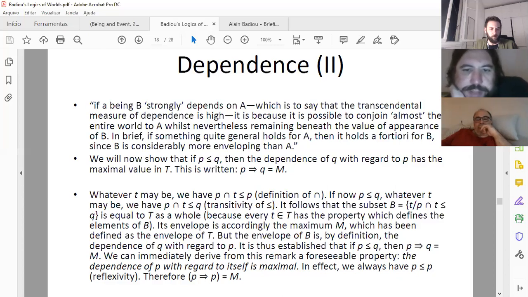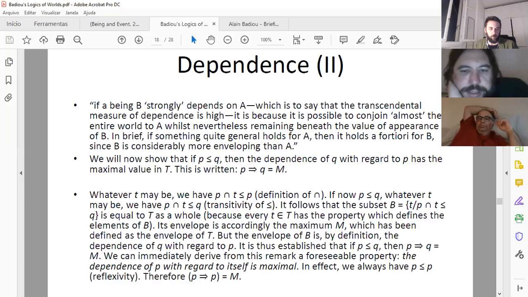It follows that the subset B of elements whose conjunction with P is lesser or equal to Q is equal to T as a whole, because every t that belongs to capital T has the property which defines the elements of B. Its envelope is accordingly the maximum M, which has been defined as the envelope of T.